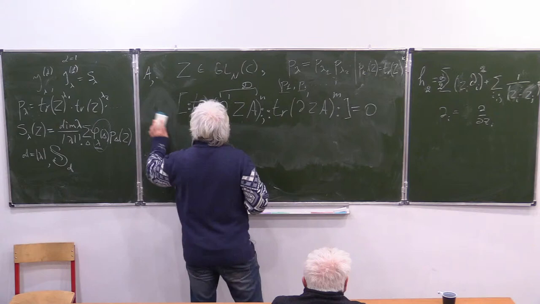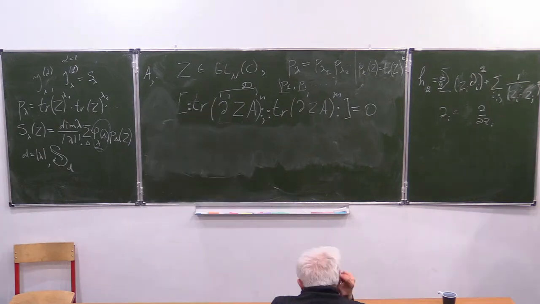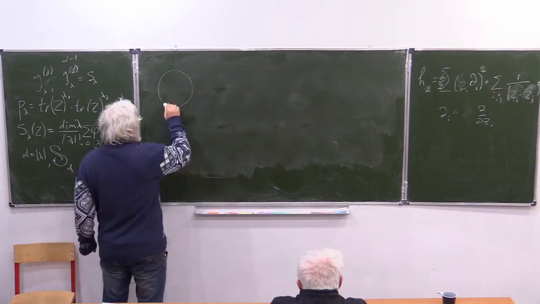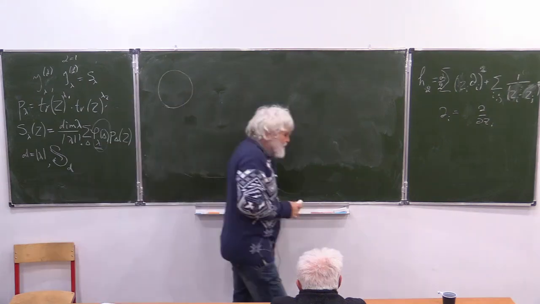Now, how is it related to matrix models and Hurwitz numbers? This is the origin of this thing. Consider a sphere, a two-dimensional sphere. We are not interested in the complex structure.